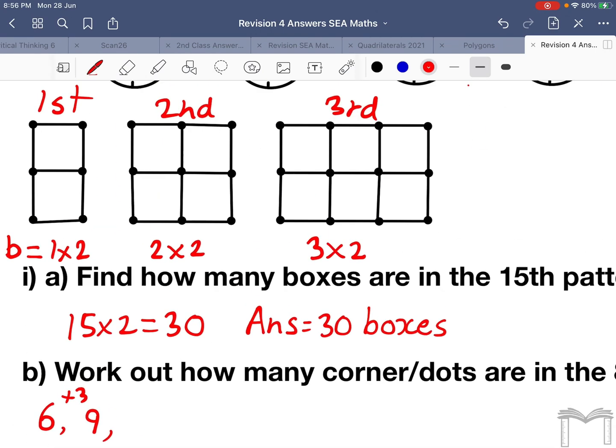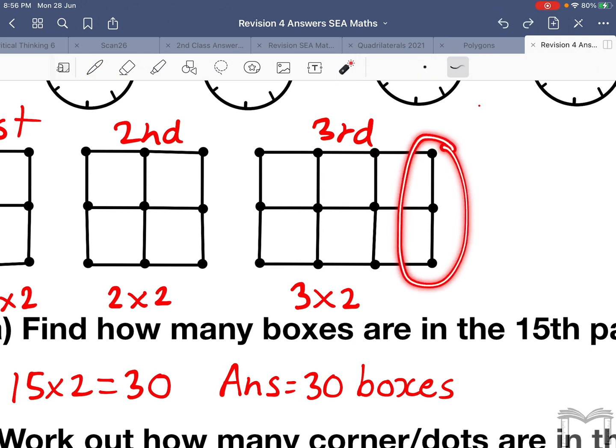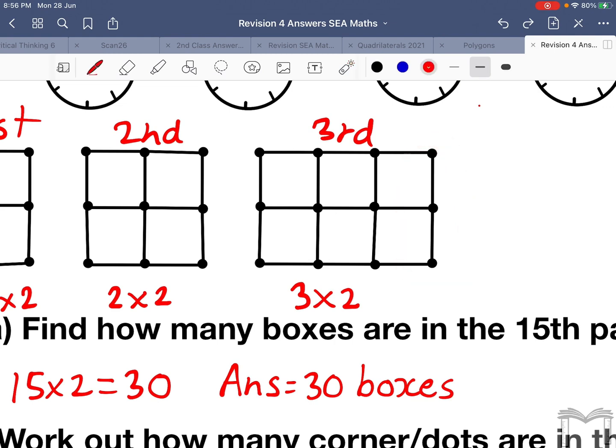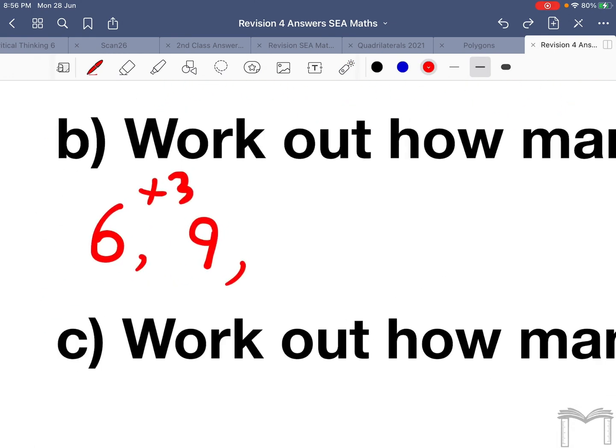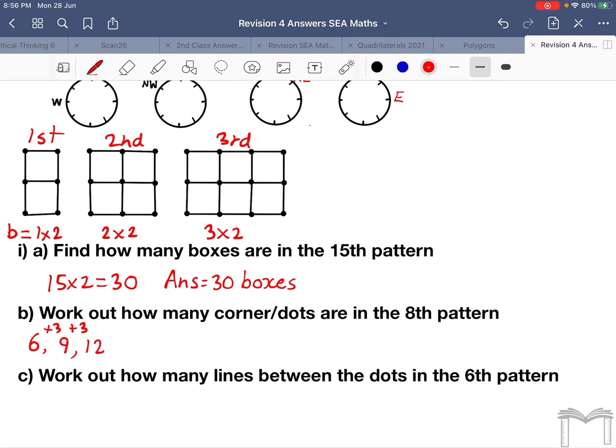The next one will have the same 9 but plus 3 again. So that's 9 plus 3 is 12. So we can see a pattern with the dots. For the next pattern, it's increasing by 3.